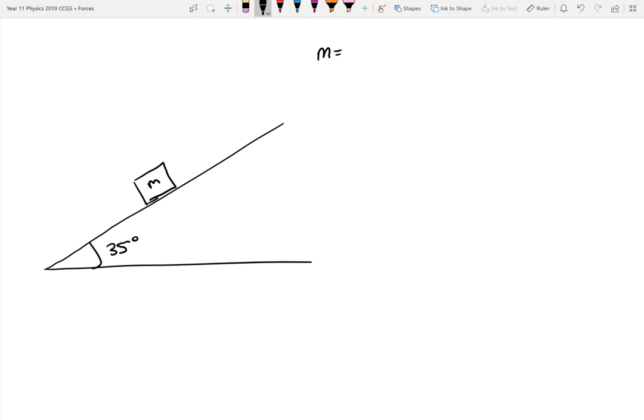Is mu less than tan theta or greater than tan theta if it slides? If it slides, mu is less. Okay, let's look at this from a different way. I gave you the path where you found the unbalanced force, then the acceleration, then the velocity. Let's go backwards. Let's say that an object slid down that path.